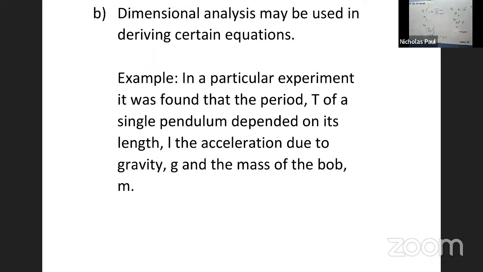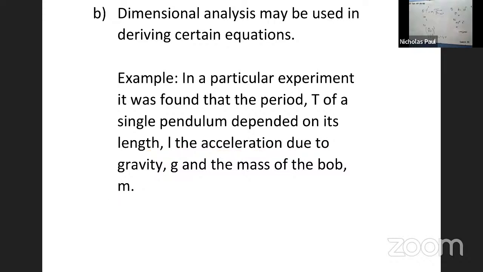All right, so here's what we need. We do not know the equation, but we know that period is dependent on the length of the pendulum, acceleration, and the mass. So we don't know the formula.